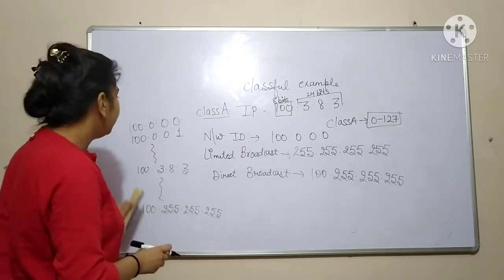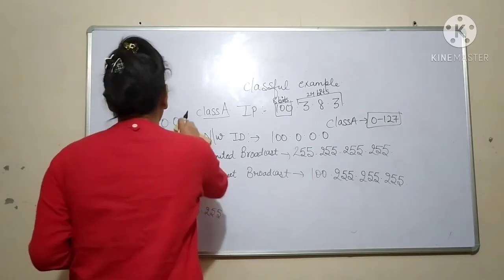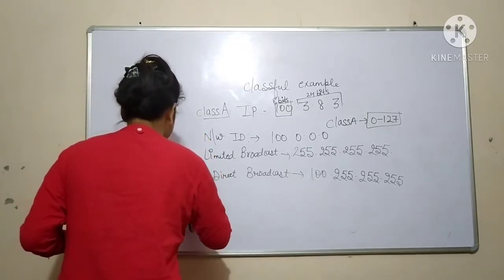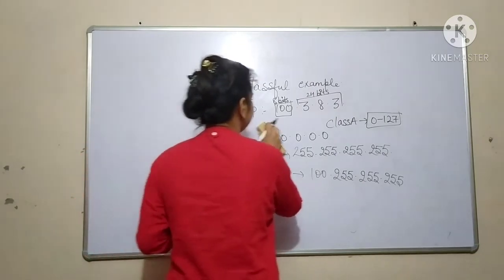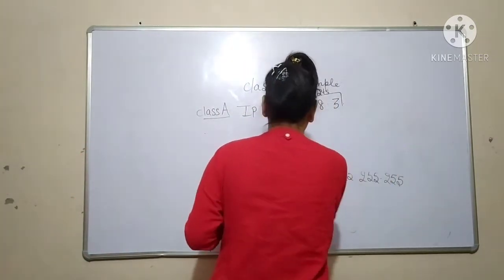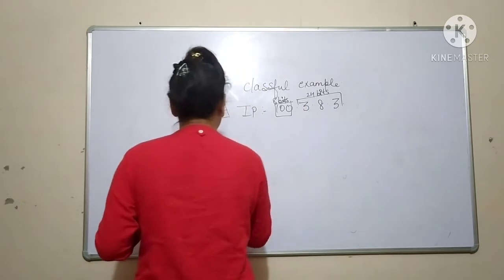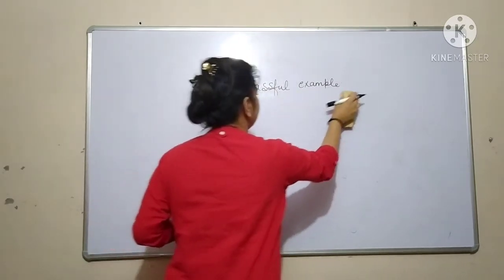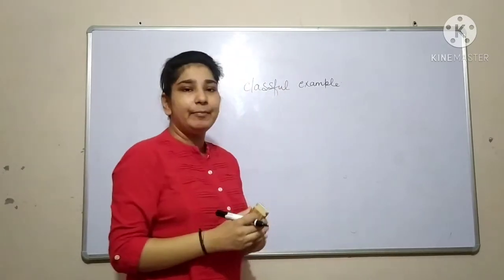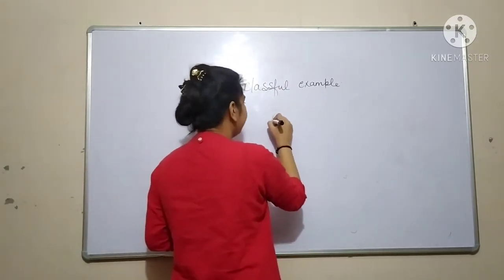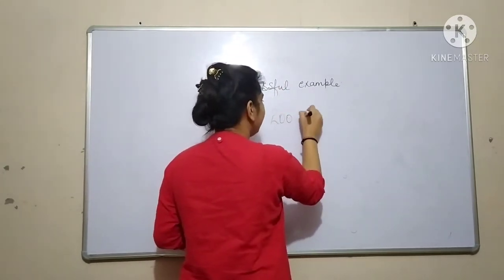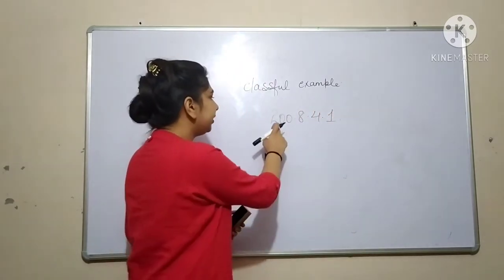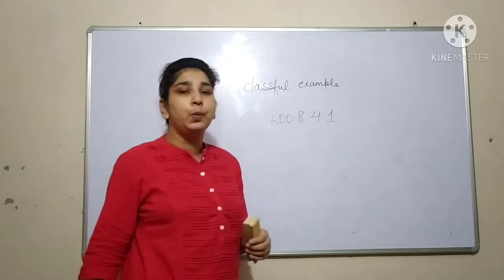Okay, so let me take one more example for better understanding. Let's suppose I am taking the example 200.8.4.1.